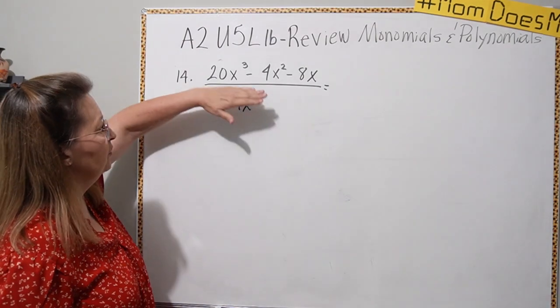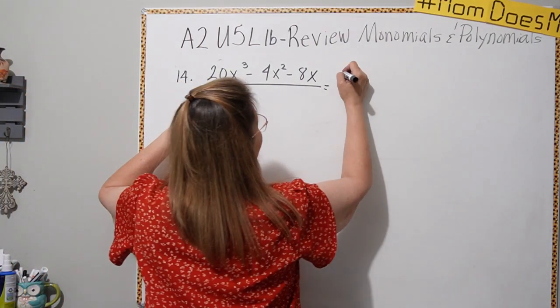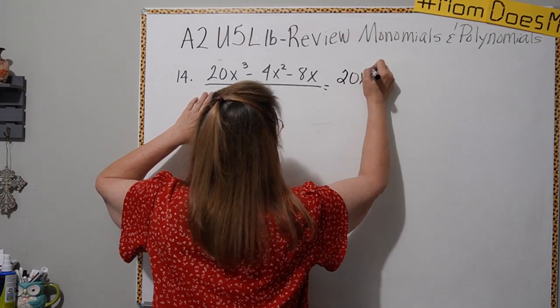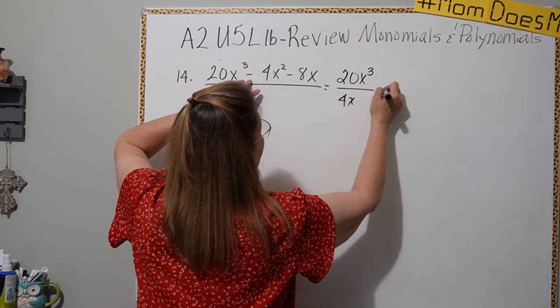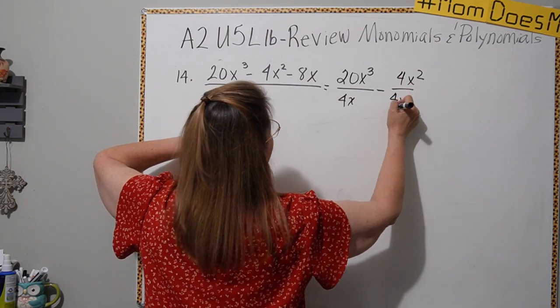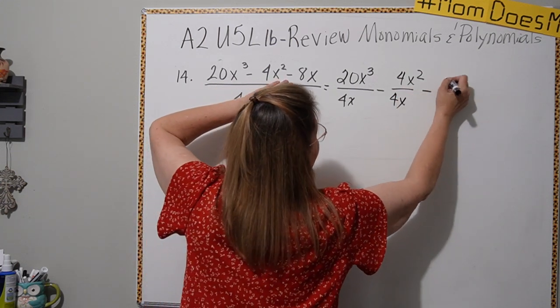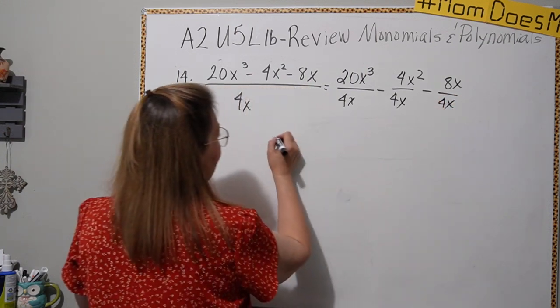Okay, for number 14, we're going to divide a trinomial by a monomial. And once again, I am going to take the time to rewrite each term in the numerator over that denominator, because when I start striking through things to cancel out, it gets messy and I don't want to lose anything.